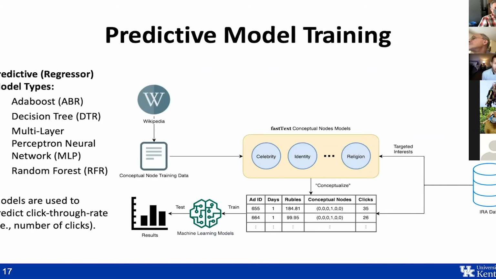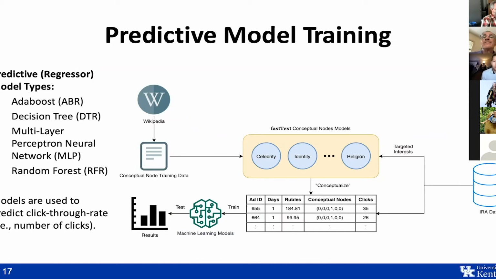First, we consider 4 different predictive regressor model types: AdaBoost regressor, decision tree regressor, multi-layer perceptron neural network regressor, and random forest regressor. So we want to train these 4 model types at the end of the day.